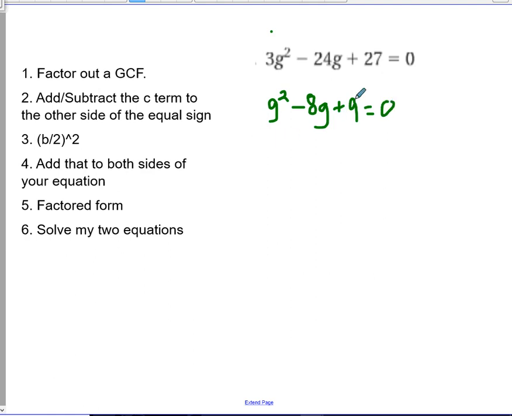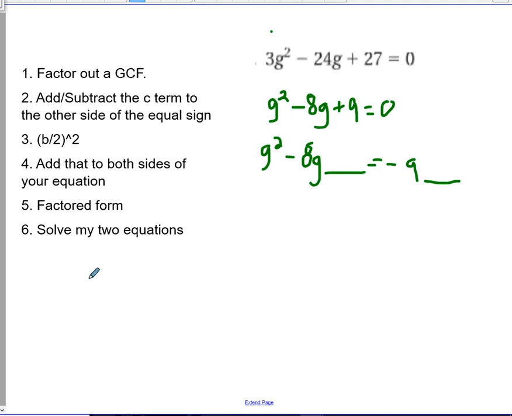I'm then going to subtract my 9 over here. So I'm going to go g squared minus 8g, leave some room, equals negative 9.